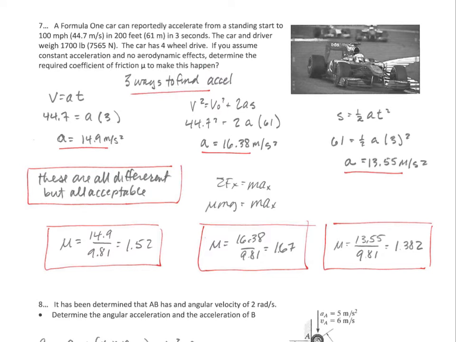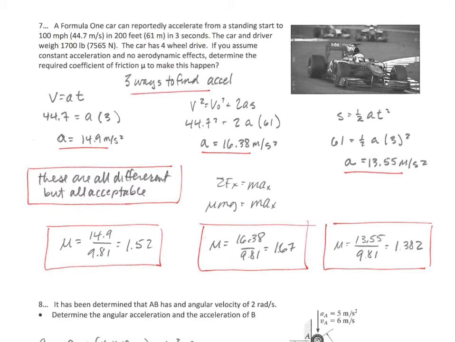The weird part is that given the things that I set up in the problem, you get different answers for these things. The reason is because these are not 100% consistent. I think you'll find that in reality things are not always exactly constant acceleration.